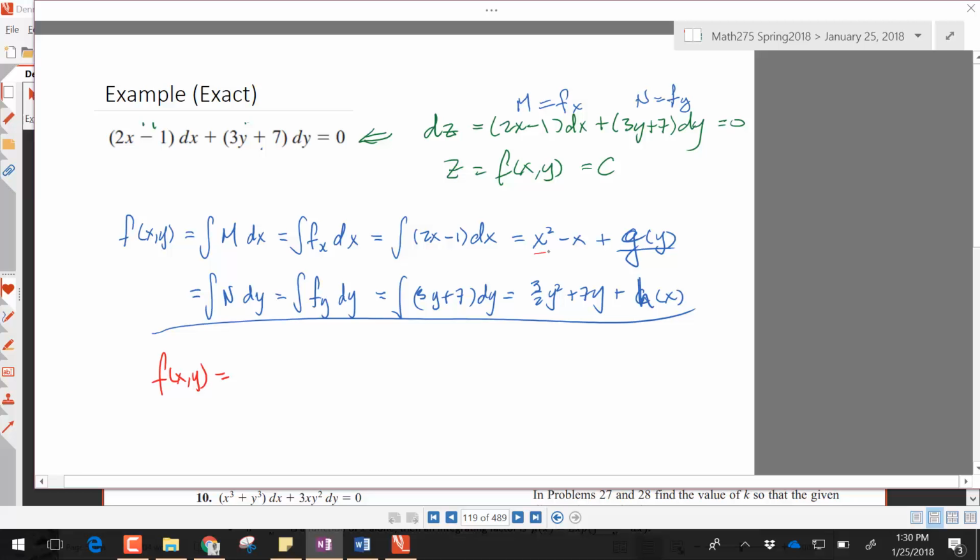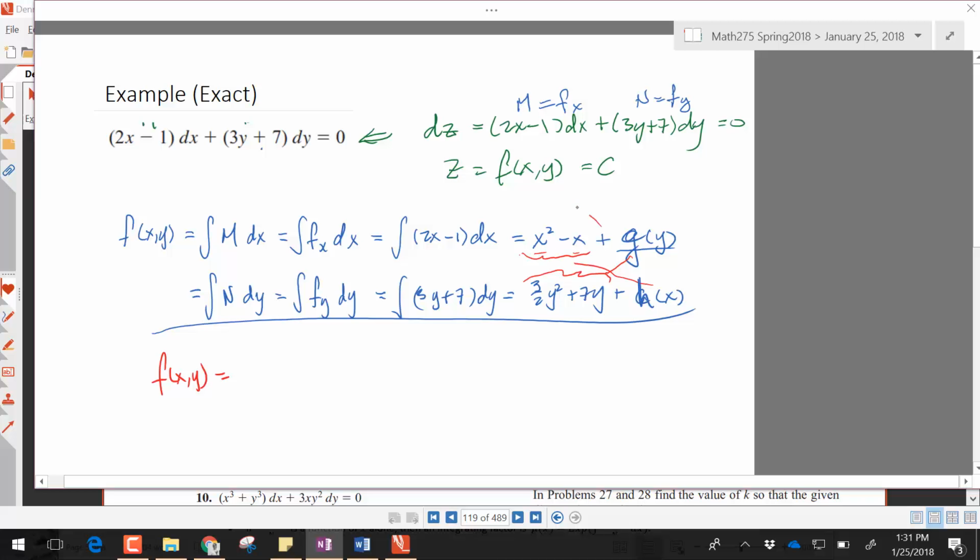So it looks like I have an x squared minus x plus g of y. Well, the g of y must be this whole set of functions over here, right? And then on the other hand, I have this 3 halves y squared plus 7y plus h of x. But h of x must be this business over here.